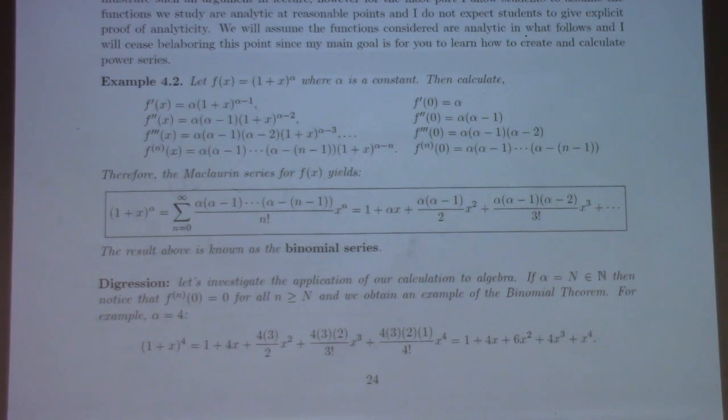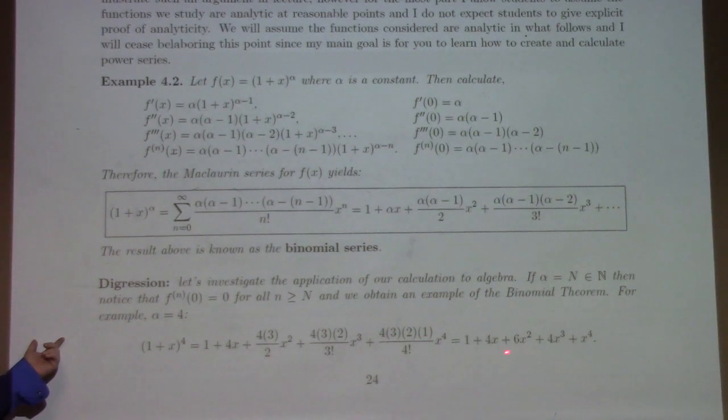But the other thing I think it's worth everyone knowing about, certainly for math majors, but also for engineers, because you would like to know about high school algebra, right? And what I'm talking about is the high school algebra binomial theorem. So here's (1 plus x) to the 4th. It's this, and here are the formulas for it. 4 times 3 over 2, 4 times 3 times 2 over 3 factorial.